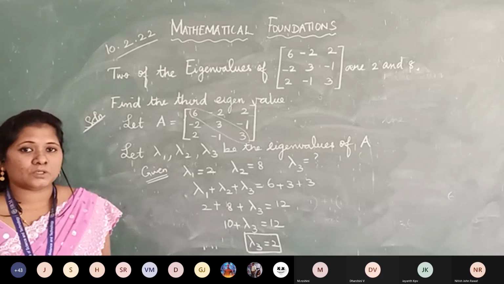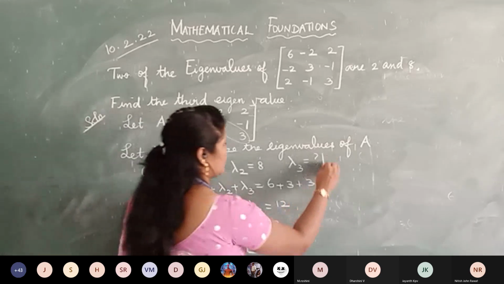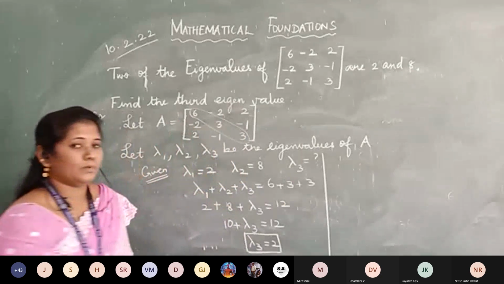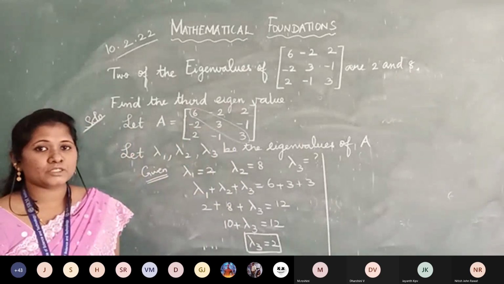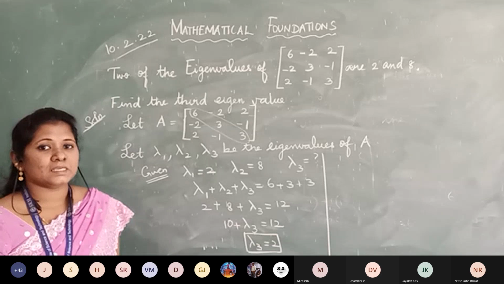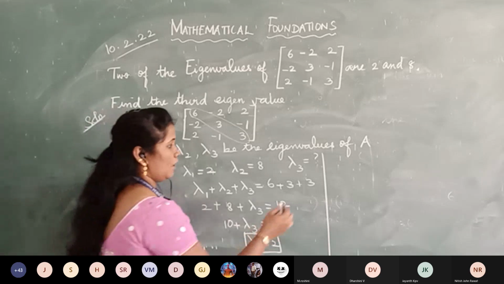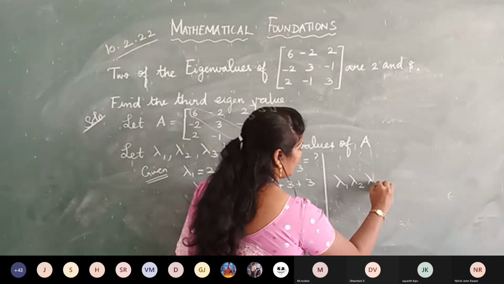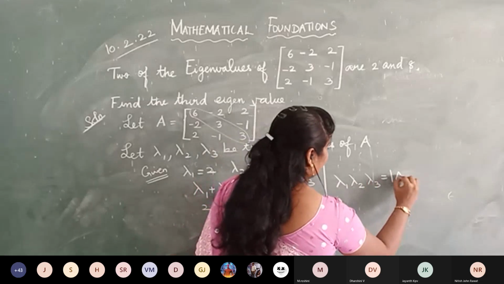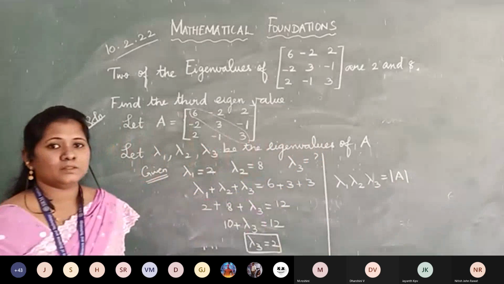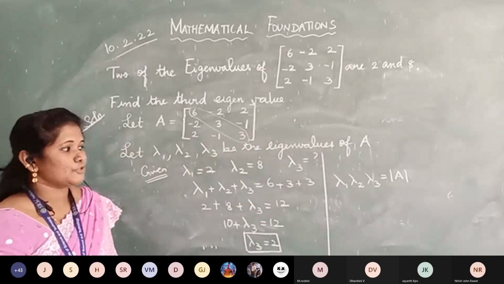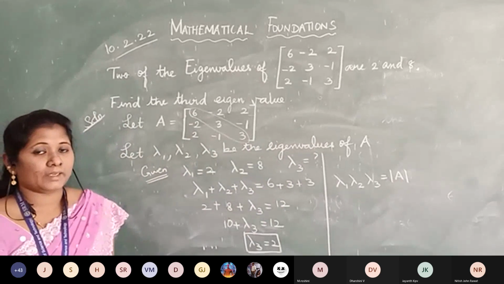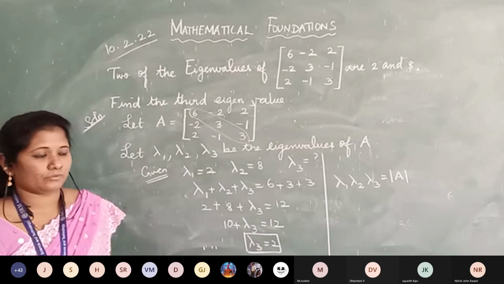In the same way you can use the product. How do you do it with the product? Product of the eigenvalues is equal to the determinant of A. So lambda 1 times lambda 2 times lambda 3 equals determinant of A. This is also one of the properties.